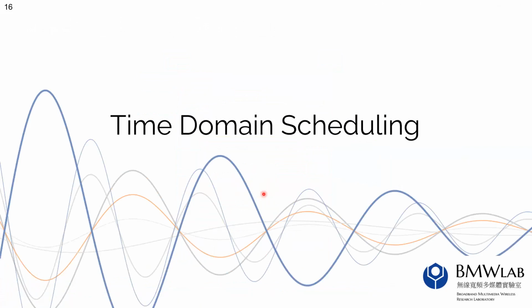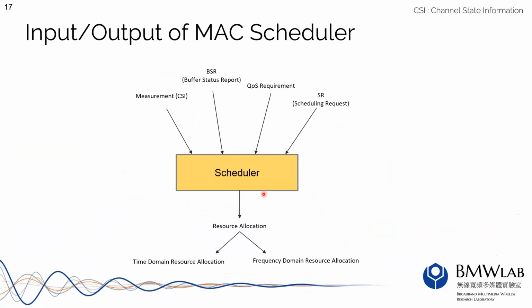Okay, then let's talk about the time domain scheduling for the scheduler, for 5G NR. Before we talk about time domain scheduling, we need to know the input and output of the scheduler. As you can see in this figure, the scheduler will allocate the resource according to the channel state information, buffer status report, QoS requirement and the scheduling request.